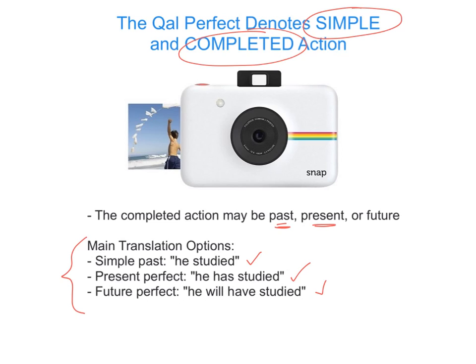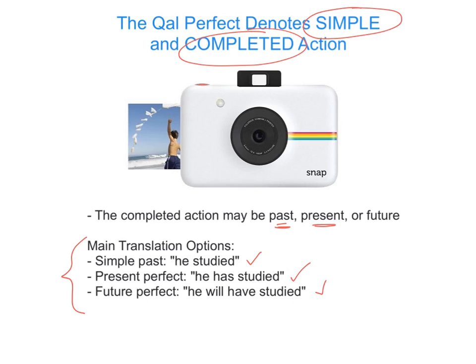For our job today, let's say simple past is the most common. That'll be our default. Present perfect in second place, and the future perfect, he will have studied, that type of thing, less common, but something to be aware of. So the main thing I'm hoping for us out of all this is to really invest in this Qal Perfect paradigm. This is going to be the one that's under the hood of almost every other verb we deal with.